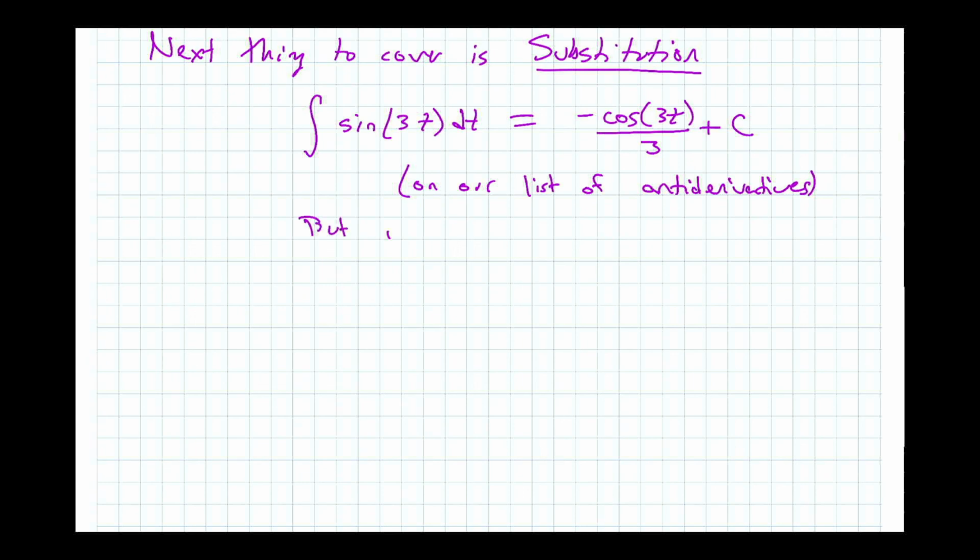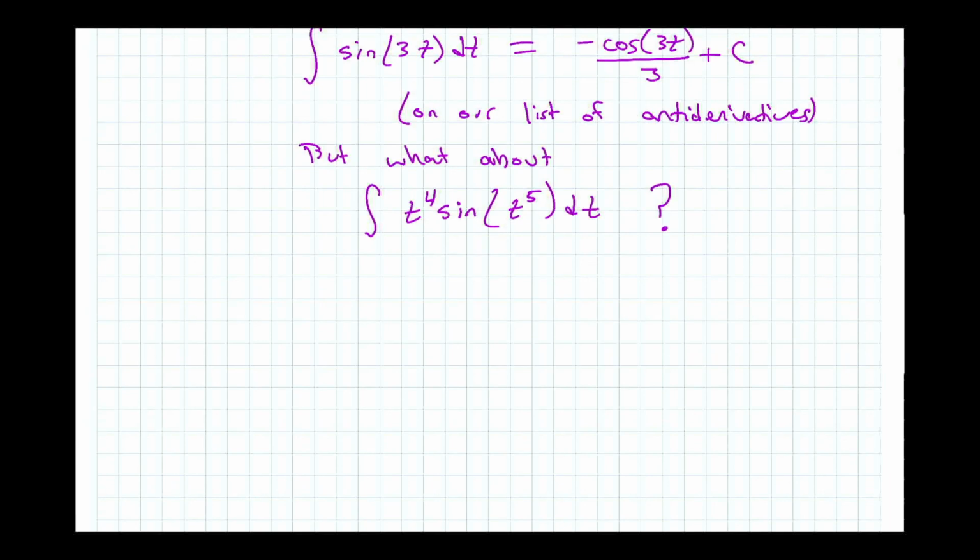But what about this? That's not on our list of antiderivatives. The t to the fourth by itself is, right? Like if this was gone, yes, t to the fourth is on the list. And if the t to the fourth is gone, sine t to the fifth, well, actually, that's still not on our list because of the fifth power.